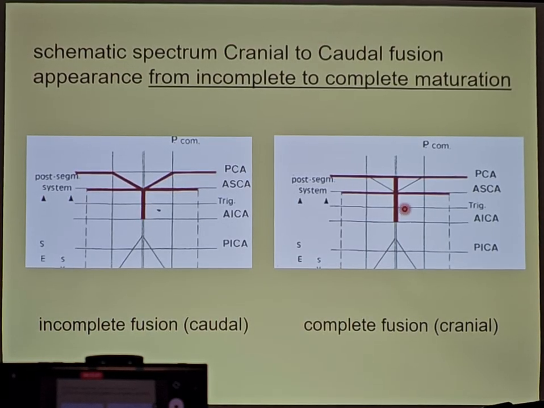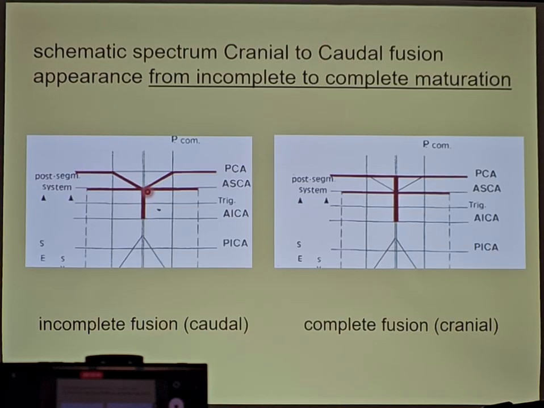So if the zipper is complete and the whole process is finished, then we have this configuration, the basilar artery with the superior cerebellar arteries and the posterior cerebral arteries coming off at the top separately. But if that fusion, that zipper closure hasn't occurred at the basilar tip level, then we see the actual superior cerebellar arteries arising from what looks to be the posterior cerebral arteries.